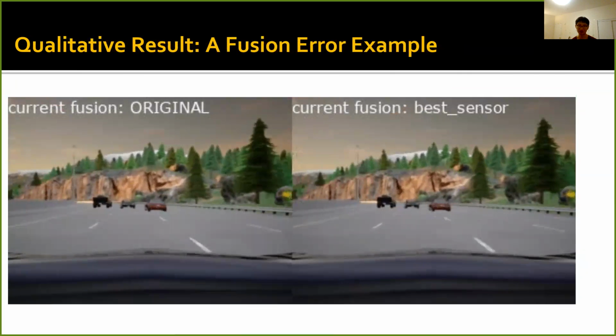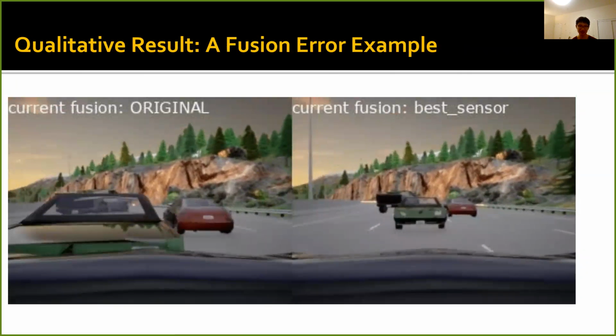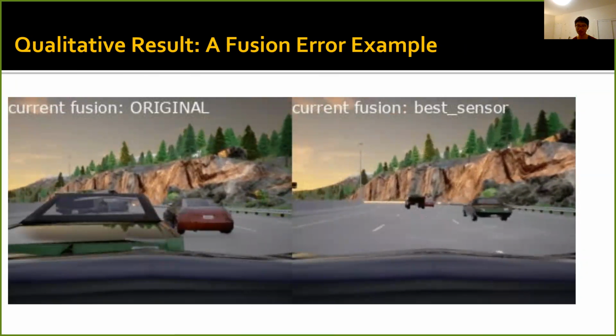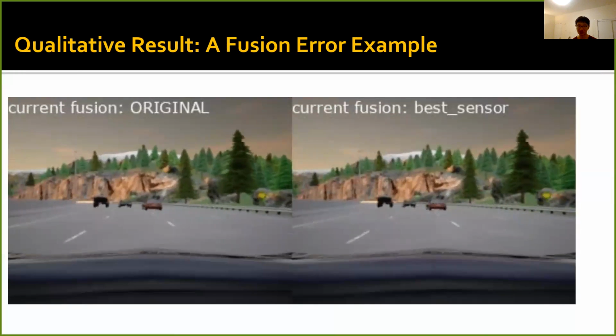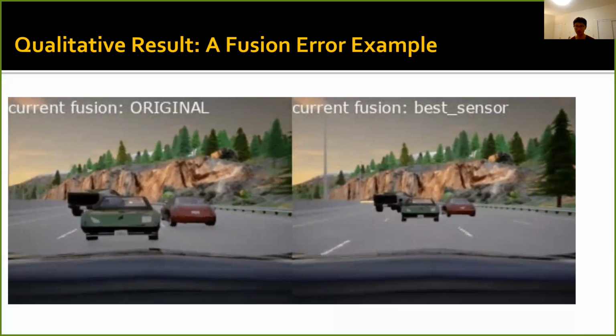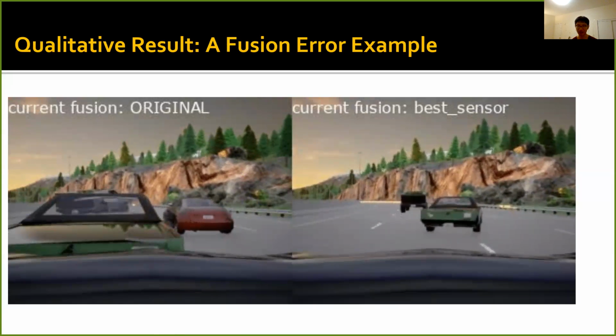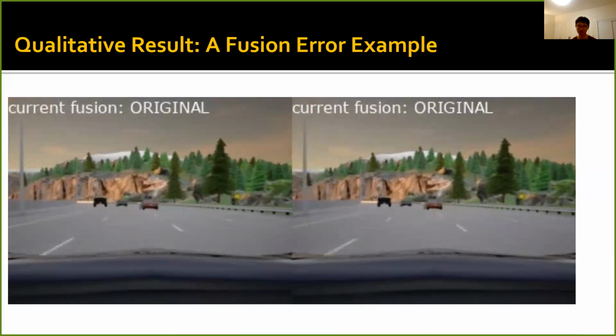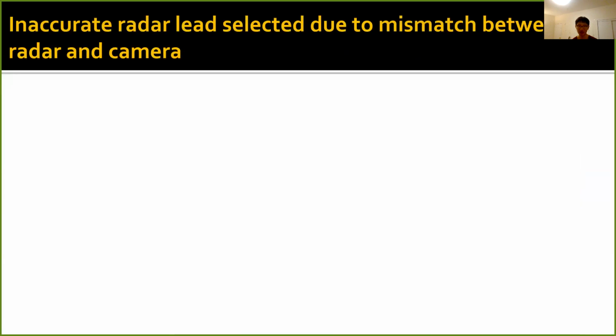The following is a qualitative example. On the left-hand side, a collision happens, and on the right-hand side, during the last 2.5 seconds, the fusion method is replaced by the best sensor fusion, and the collision is avoided. So this one is considered a fusion error. We also look into the cause of several of these case studies.